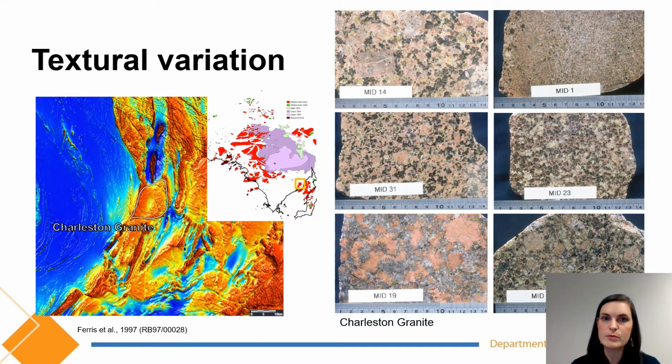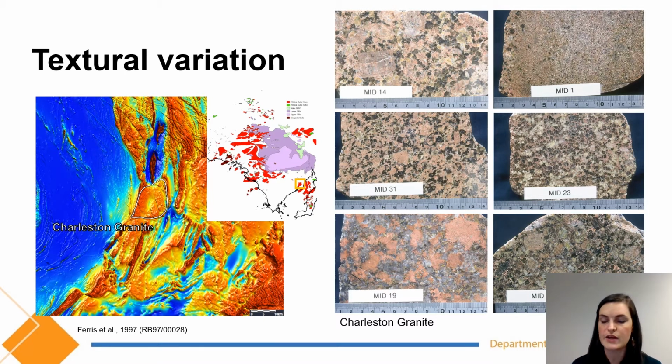The majority of the plutons in the Hiltaba Suite can have much more variable textures. This example is from the Charleston granite, which has a relatively well-defined extent on aeromagnetic imagery. The image in the top centre of your screen is the typical Charleston granite. It's megacrystic, K-feldspar dominant, and has minor yellow plagioclase and smoky quartz.